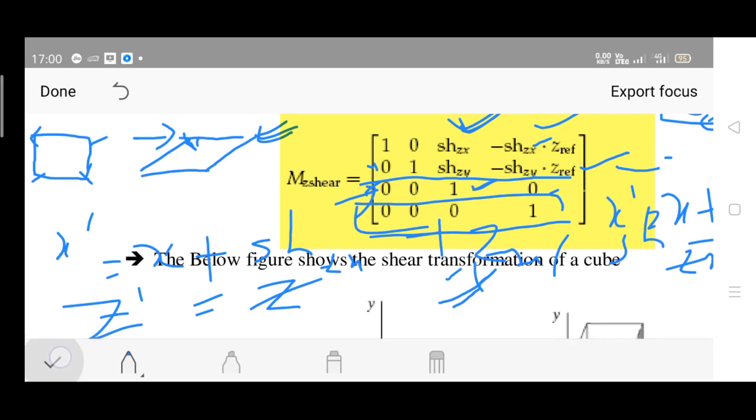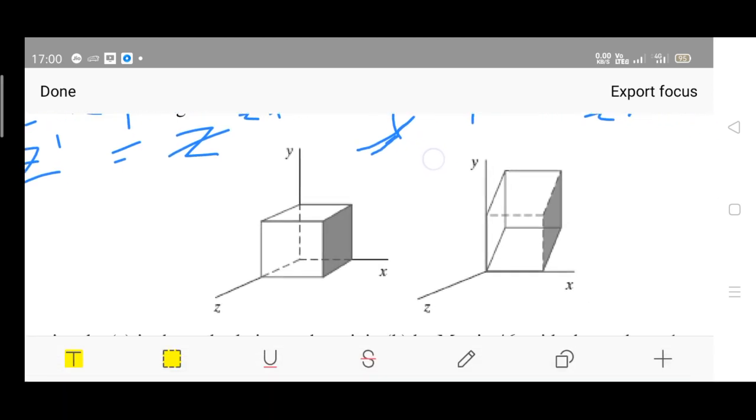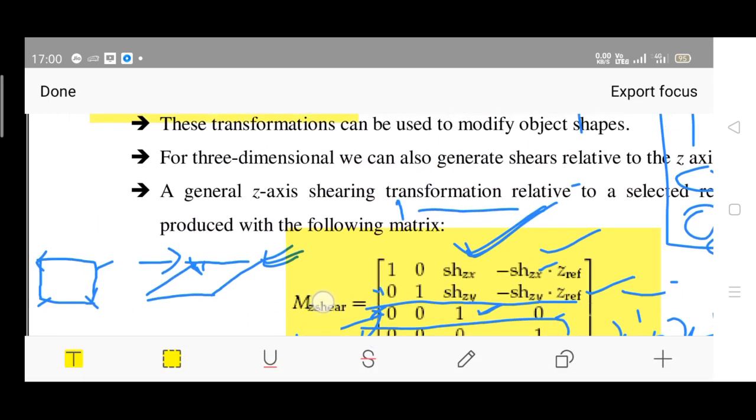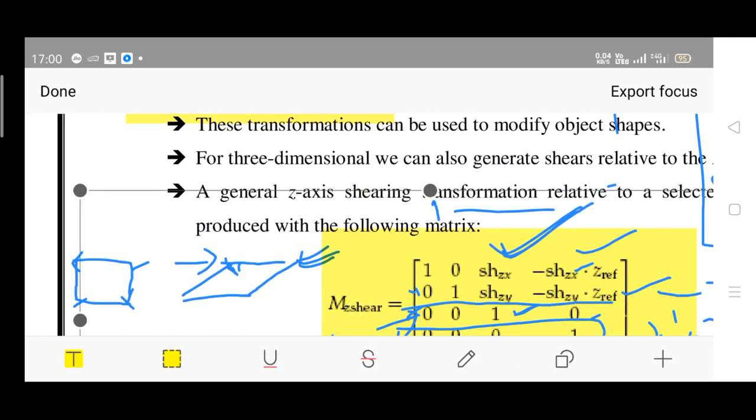So here is the diagram, as you can see. The three-dimensional shear concept is the same as what we considered earlier with respect to 2D. At the beginning I also told about the shear structure: one of the portions of the shear is slightly tilted, or moved towards left or right, by keeping the same base.